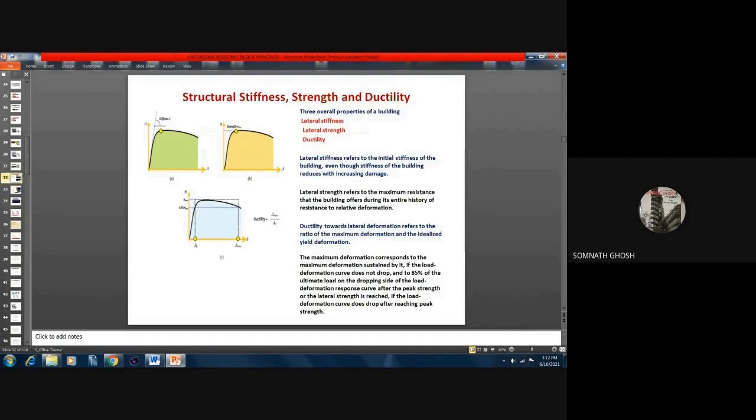Now, this is totally a different aspect, and try to understand it properly. Here stiffness is increasing, strength is increasing.